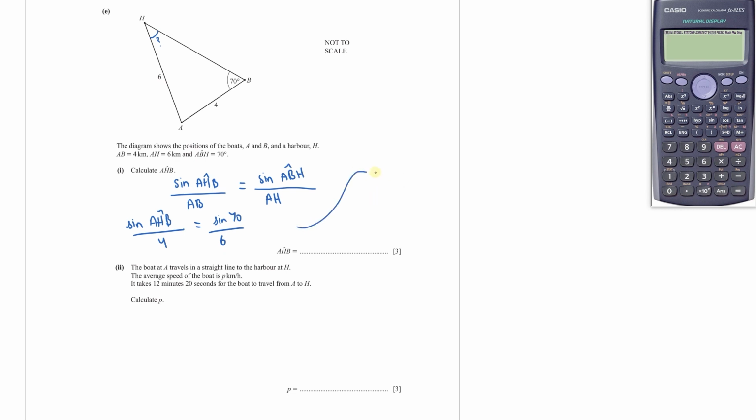So sine of AHB will be, let's calculate this, sine 70 divided by 6 and then multiplied by 4. So this is 0.62646, and then we take the sine inverse of this. So you get 38.78. So you will write up till 1 decimal point. So this will be 38.8 degrees.